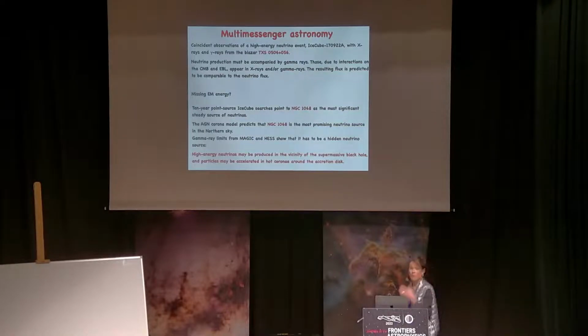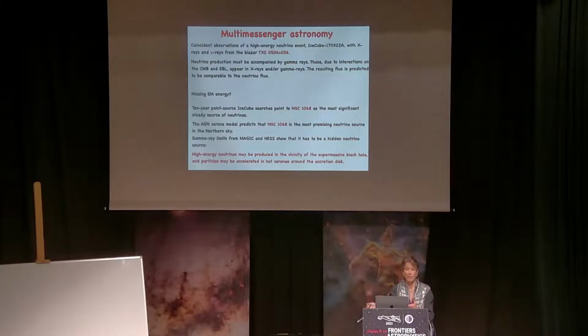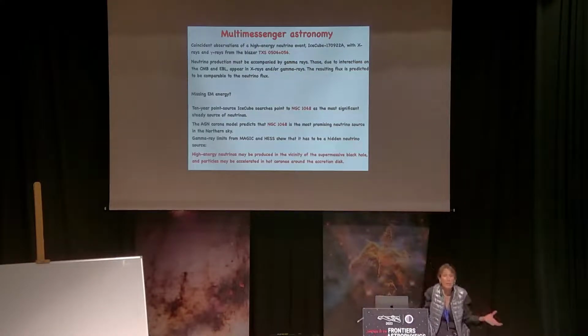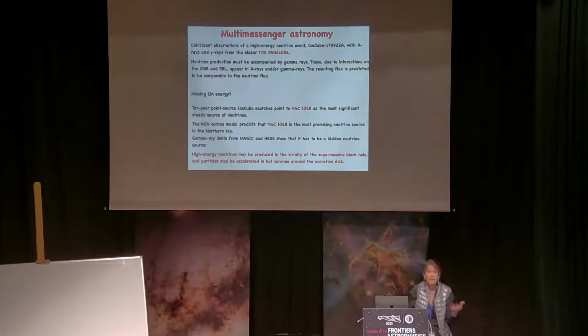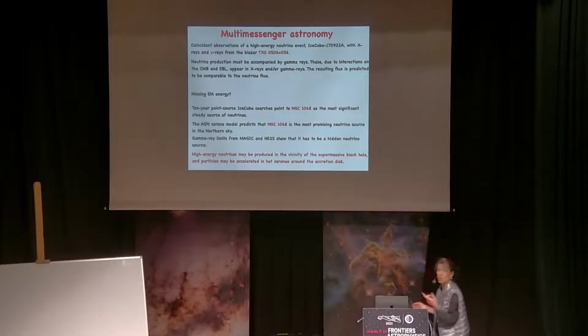So the gamma ray flux should be comparable to the neutrino flux. Is there missing electromagnetic energy? Maybe yes, because if the source is very dense, it will absorb all the photons, and we won't see the source in photons, but we will see the source in neutrinos.